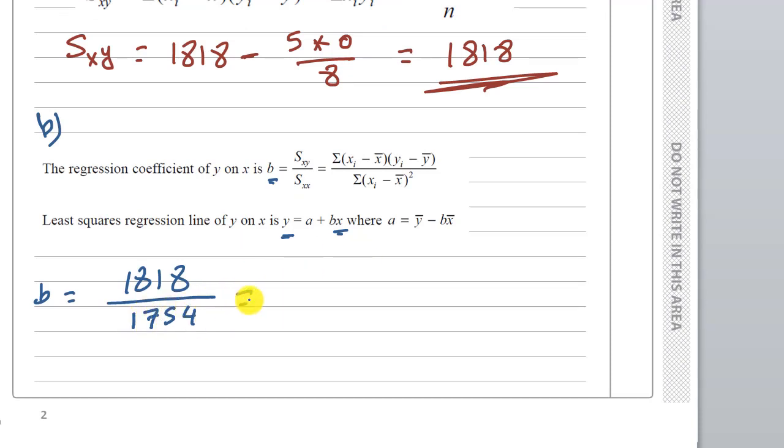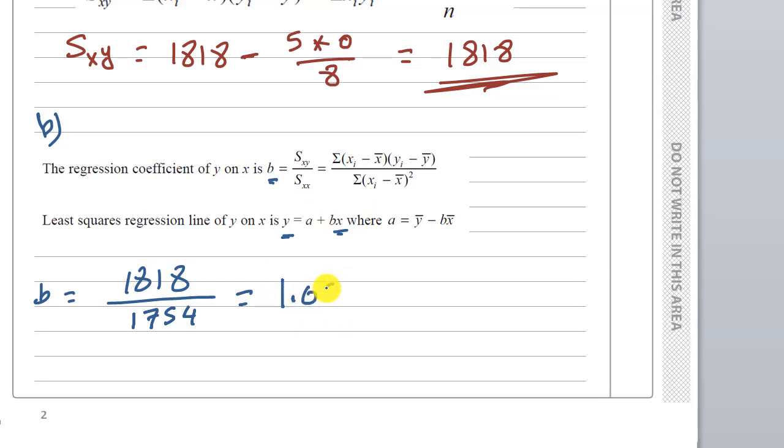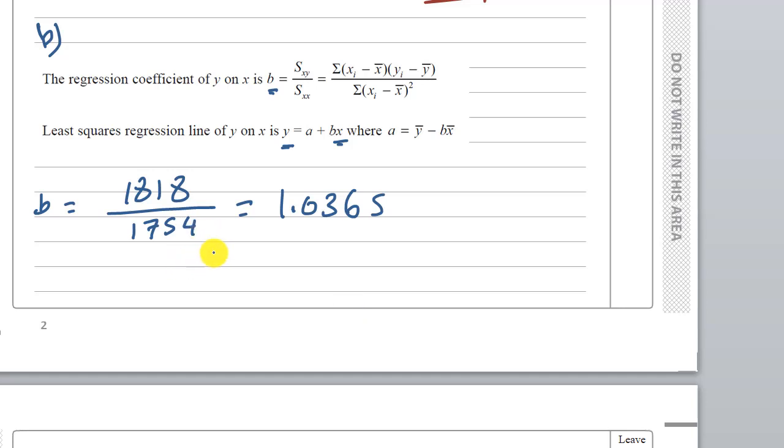So b is equal to, let us bring our calculator, 1818 divided by 1754, which is 1.0365.